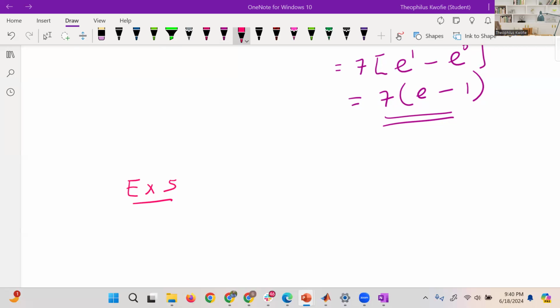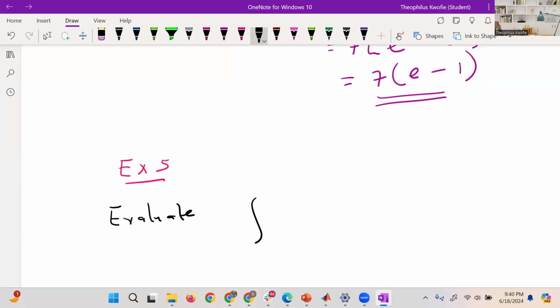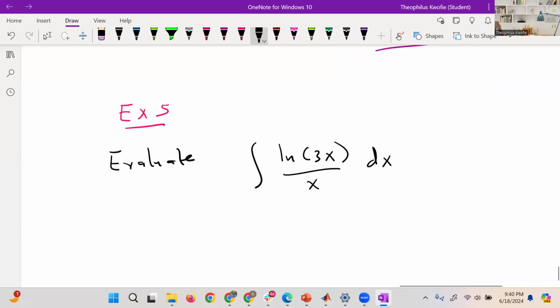So what if I give you this to evaluate? If I ask you to evaluate the integral of the natural log of 3x on x dx, what do we do?